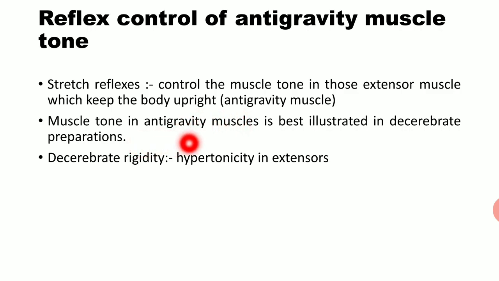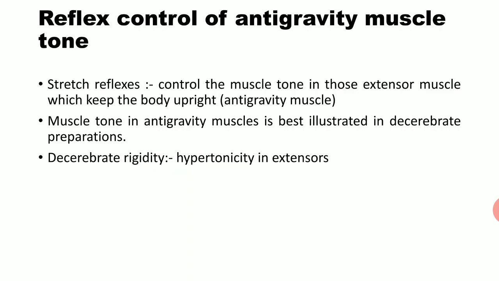Muscle tone in antigravity muscle is best illustrated in the decerebrate preparation or decerebrate animal. Now what is a decerebrate animal? It is an animal in whom the brain stem is transected at the intercollicular level, meaning between the superior and inferior colliculi. So this is the decerebrate preparation.